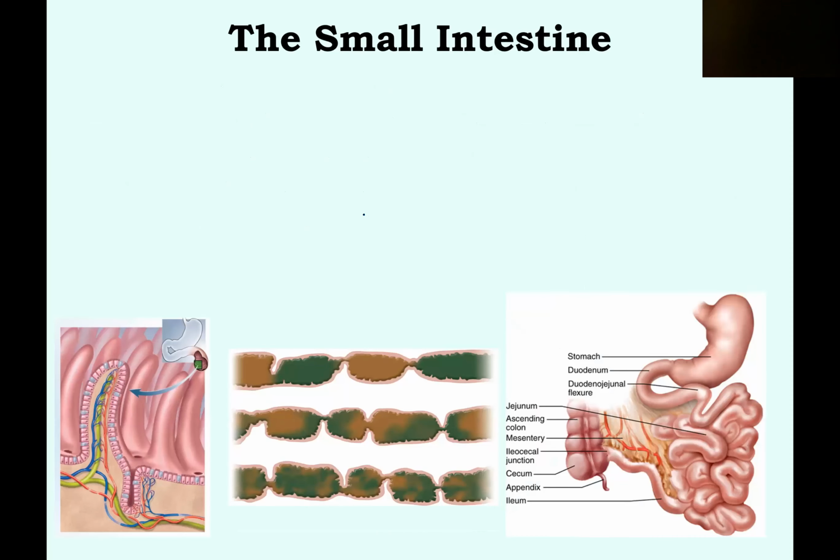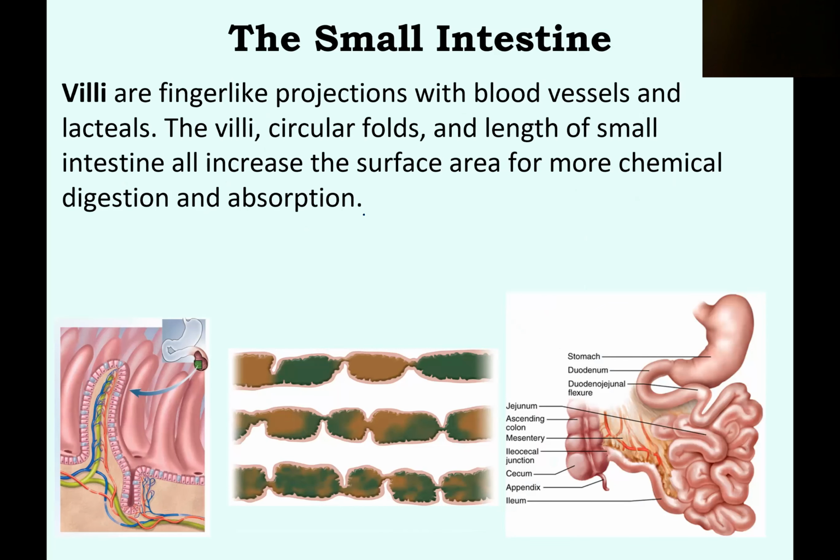So then we go back to the gastrointestinal tract. The small intestine has the same simple columnar epithelium for the mucosa. It's going to have these finger-like projections that we see here, and that's to increase surface area.